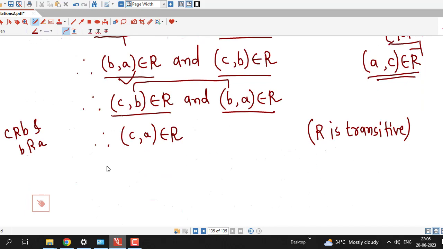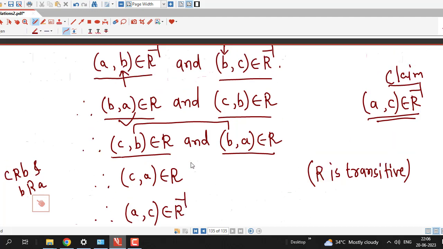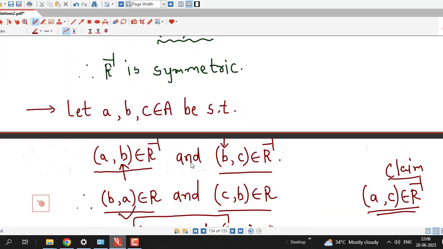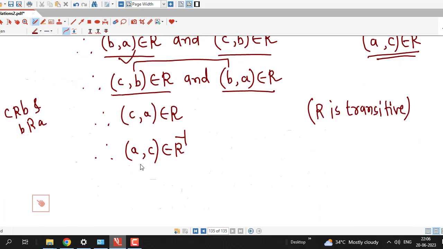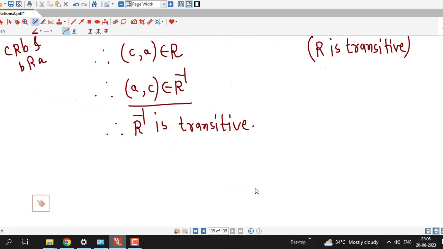Now by the definition, if the ordered pair (C, A) belongs to R, then the ordered pair (A, C) belongs to R inverse. Hence we have shown that for A, B, C belonging to A, whenever (A, B) belongs to R inverse and (B, C) belongs to R inverse, we have the ordered pair (A, C) belongs to R inverse. This proves that R inverse is transitive also. So we have proved that R inverse is reflexive, symmetric and transitive.